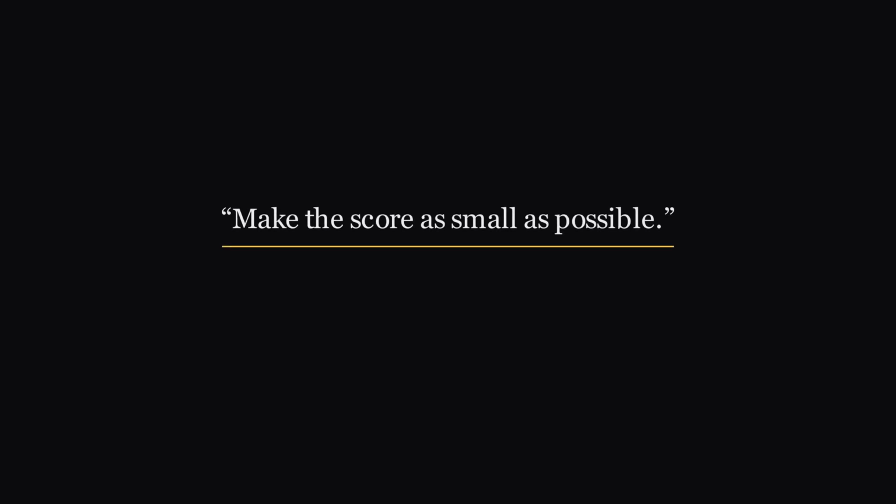Let's emphasize this statement. Make the score as small as possible. That sentence is doing a lot of work. It has quietly turned our line fitting problem into something else entirely, an optimization problem. Think of it this way. Every possible line is defined by two numbers, its intercept and its slope.